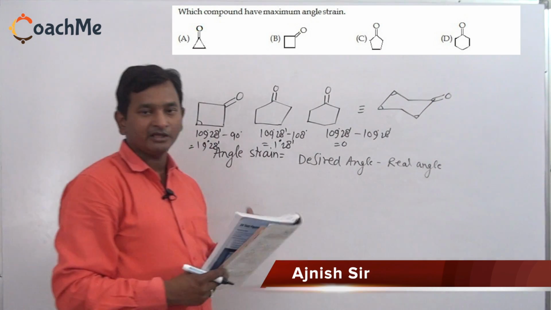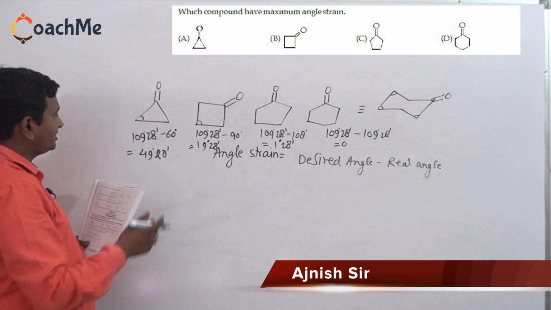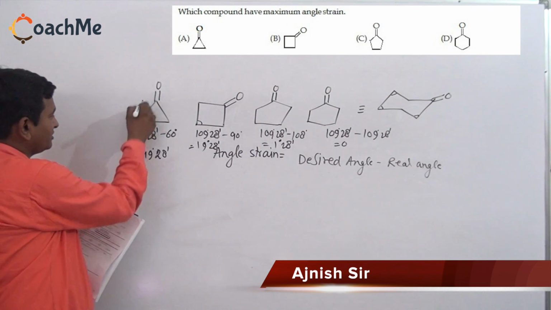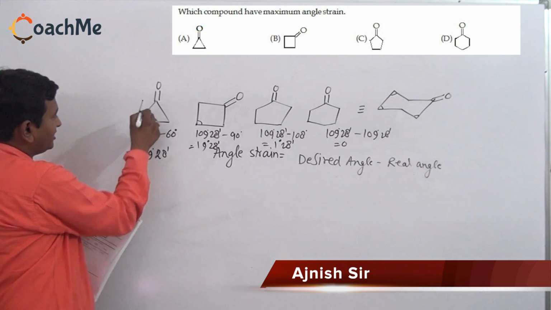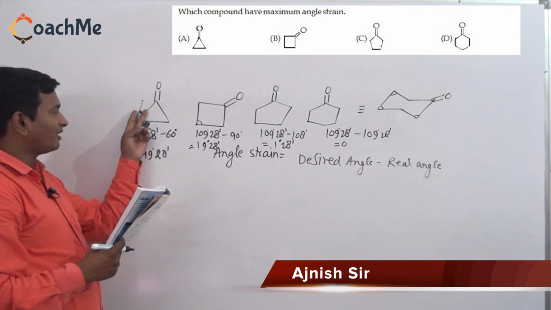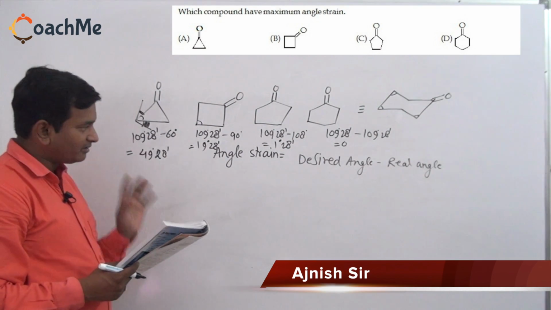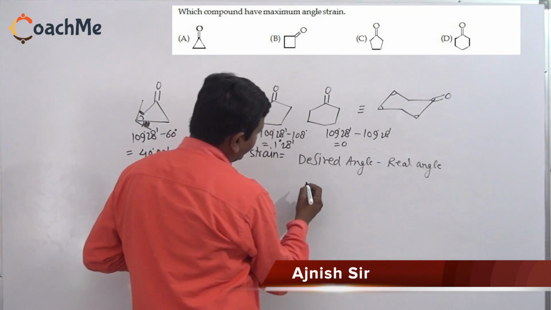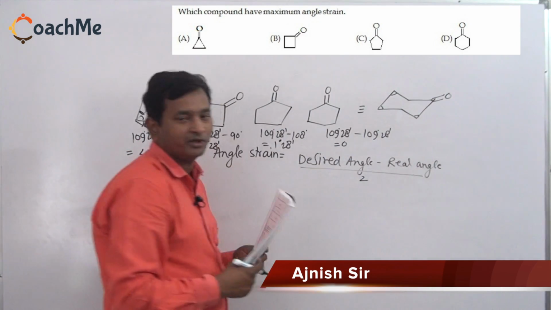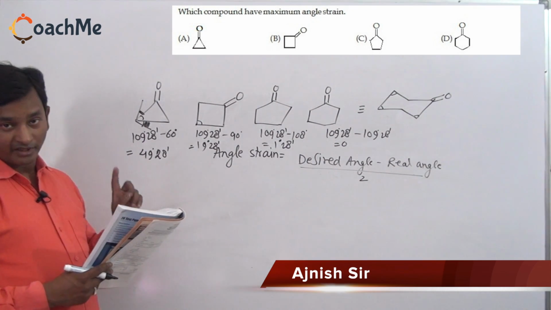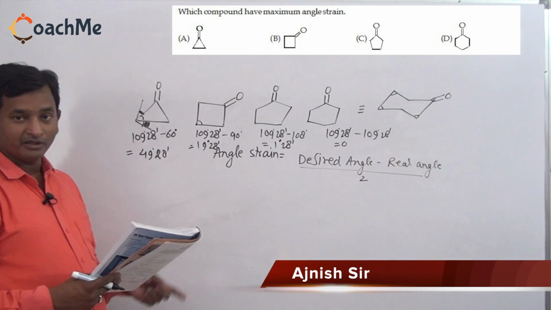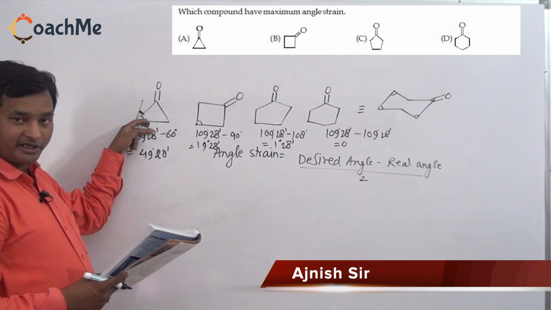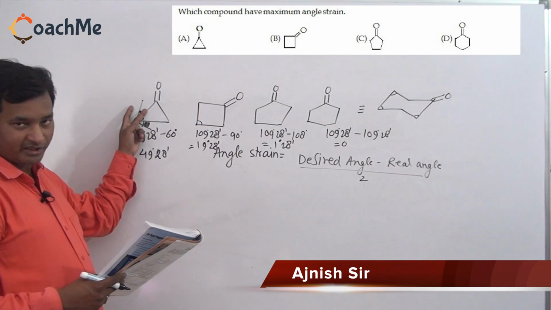This is called angle strain. And if you find it over this position, it will be half on this side and half on this side. So in the real picture, it will be desired angle minus real angle divided by 2. Desired angle minus real angle divided by 2 will be the angle strain from this side and from this side.